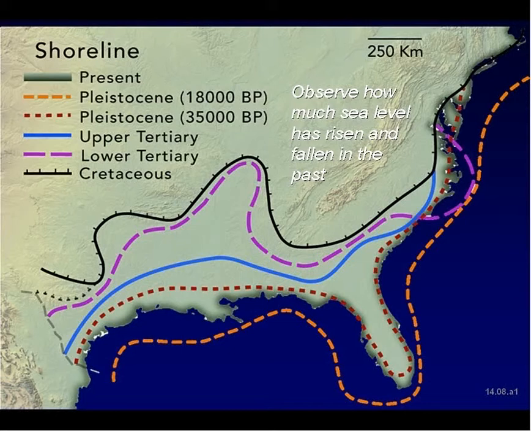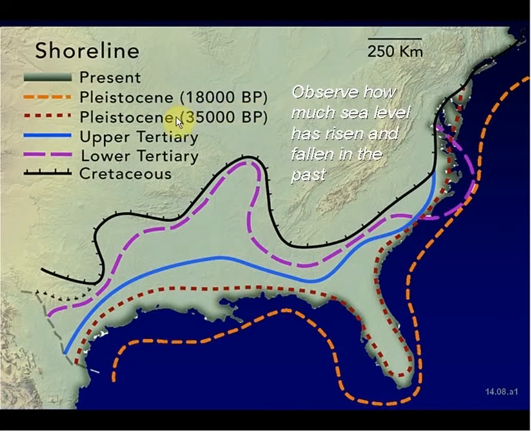If we move progressively in time through the Tertiary, or what's known as the Paleogene and the Neogene here, and then into the Pleistocene, here we have our record at about 35,000 BP, or before present.